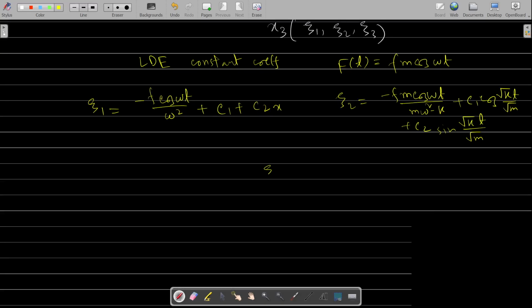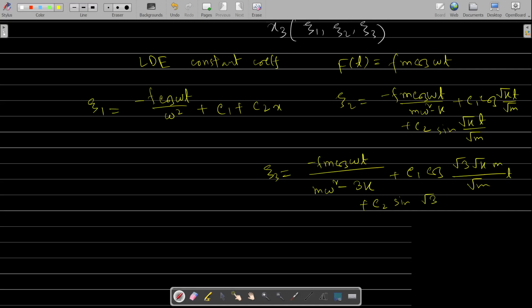And we have xi3 to be f cos of omega t by m omega square minus 3k plus c1 cosine of root 3k t divided by m plus c2 sine root 3k t divided by m. Right?